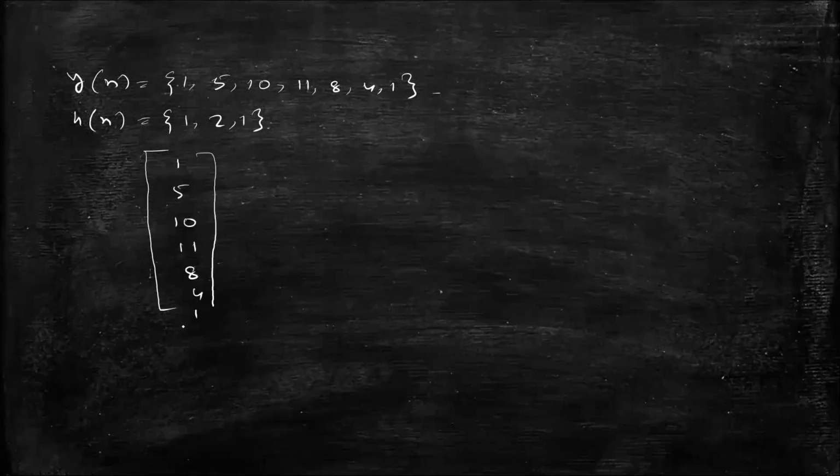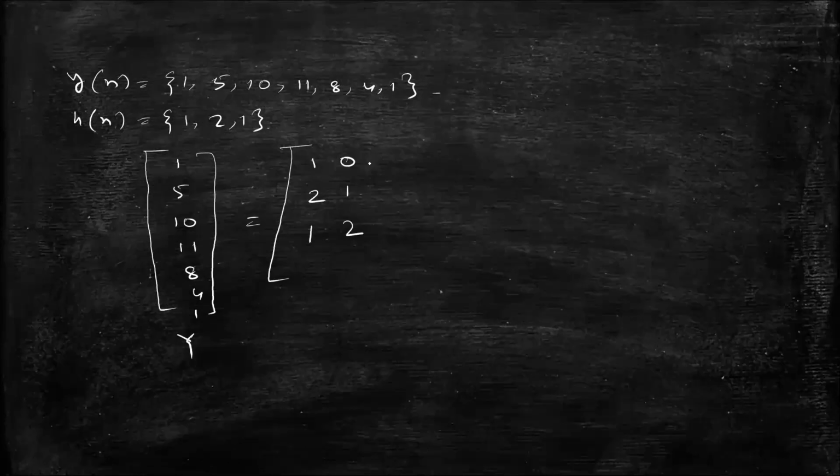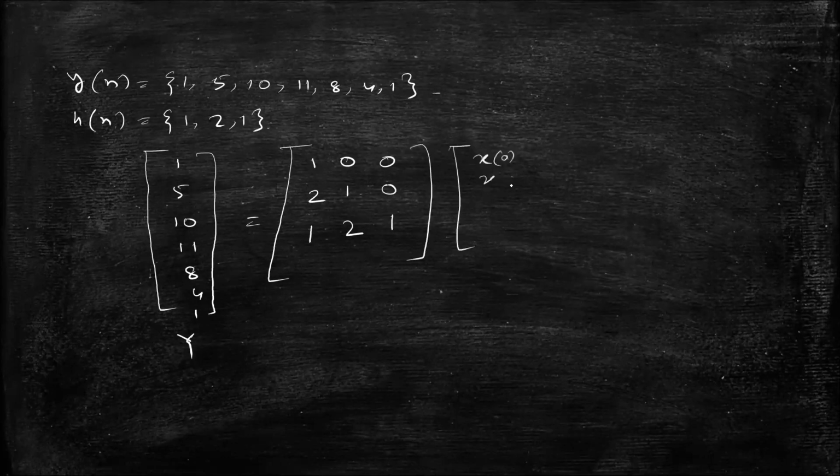That is the Y matrix, equal to H, in which will come 1, 2, 1, 0, 1, 2, and next 0, 0, 1, and so on, multiplied with x0, x1, x2, and so on. Now by solving this you have to find out the values of x0 and so on. So try to find yourself.